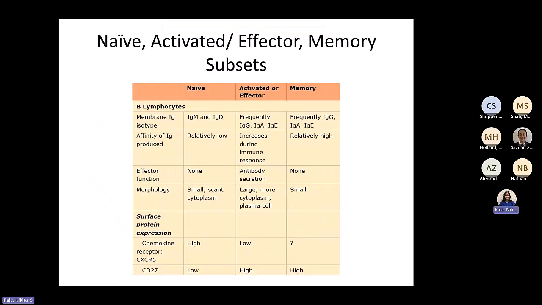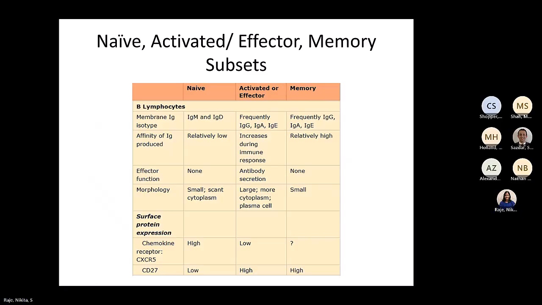Talking about the B lymphocytes, they express the B cell receptor on their surface. So the naive B cells express IgM and IgD on their surface. When they get activated and become effector cells or memory cells, they may express IgG, A, or E on their surface. So again, the surface protein expression is really important here. CXCR5 is high in naive cells, and in memory cells or activated cells, CD27 is positive.